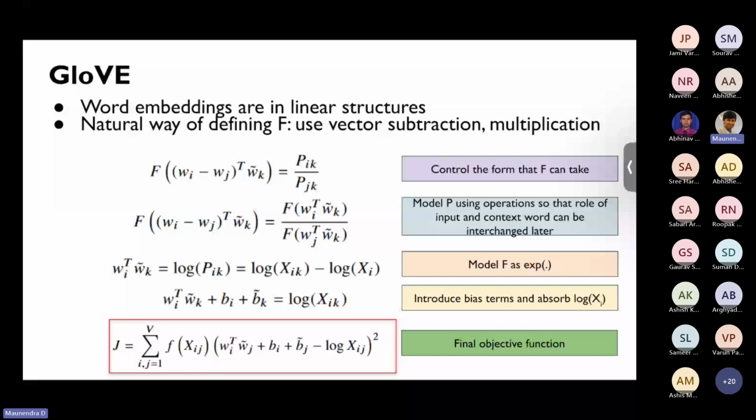This Xik we are trying to model, but this log Xi comes inside this bi. In the derivation, we'll see that some terms are left out, and that is absorbed inside bi. And symmetrically, bk also comes in.